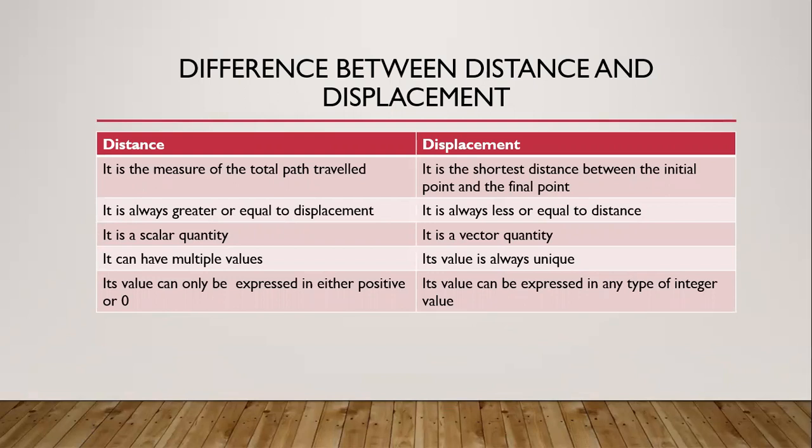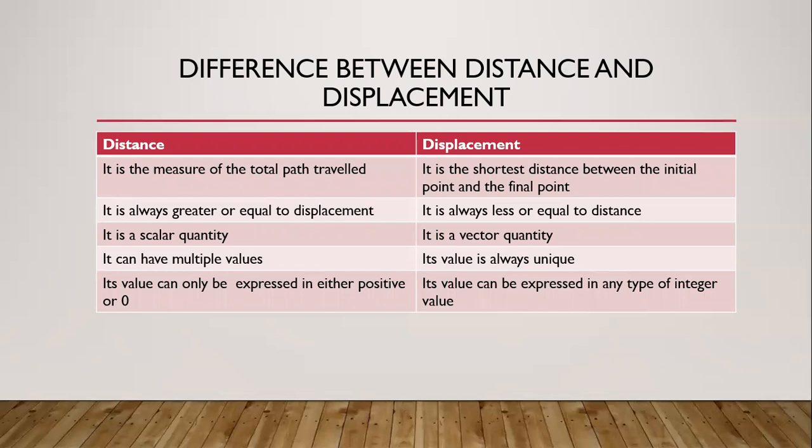Because if the distance were less than the displacement, how could the displacement follow its definition? That's why. Distance is a scalar quantity. It doesn't need direction to give its complete description. But displacement is a vector quantity because it needs direction for finding the shortest distance. If we go in the opposite direction, then it won't be the shortest distance.